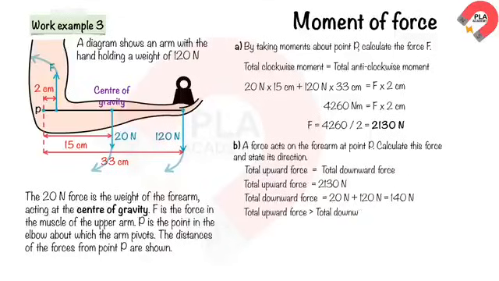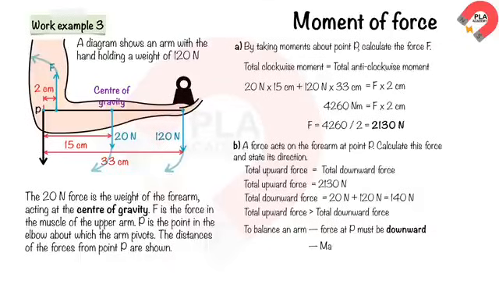Total upward force is more than total downward force. To balance the arm, we need to add an additional downward force at point P. The magnitude of this force equals 2,130 minus 140, equal to 1,990 newtons.